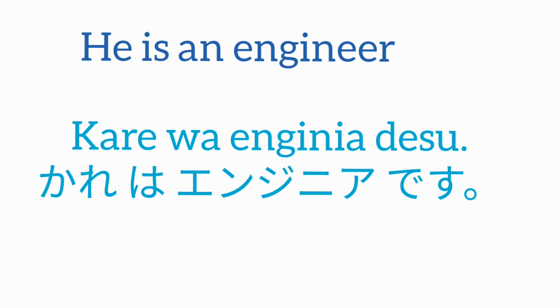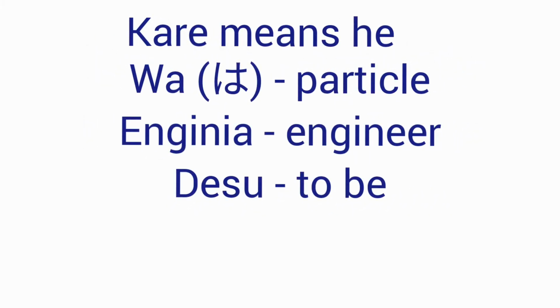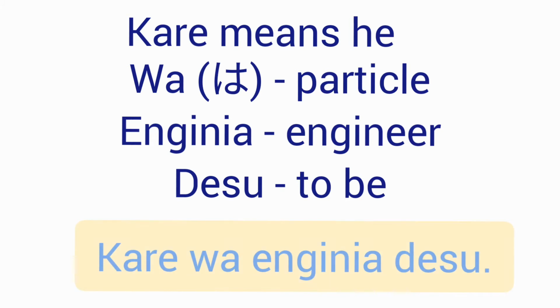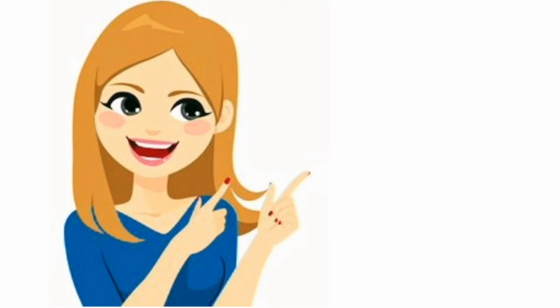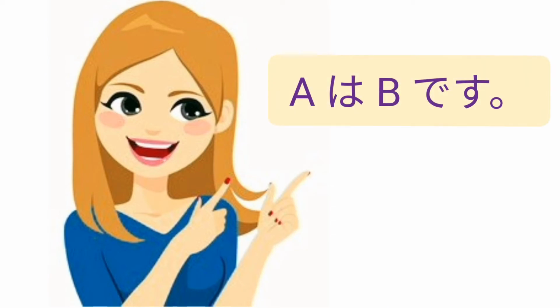Kare means he. Wa is the particle. Enginia means engineer. Desu means to be. So, kare wa enginia desu means he is an engineer. You can make these kinds of simple sentences by using the A wa B desu pattern.